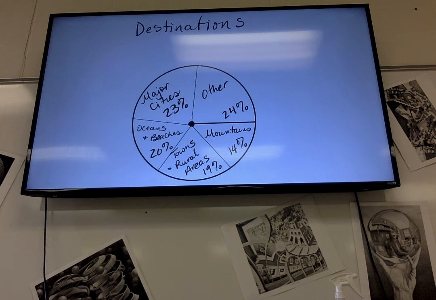Now, if I made you one where you had to draw it on a quiz or a test, I would make them different enough so that I could easily tell what was what. So again, make sure you have a title. Make sure you label with the name along with the percentage.